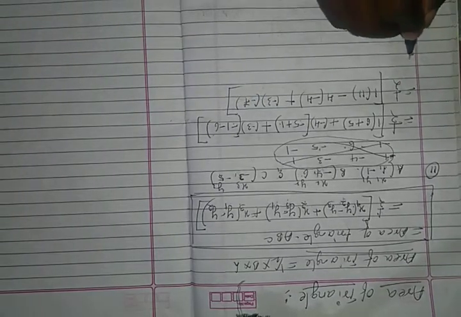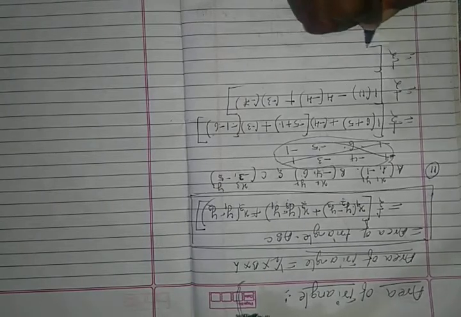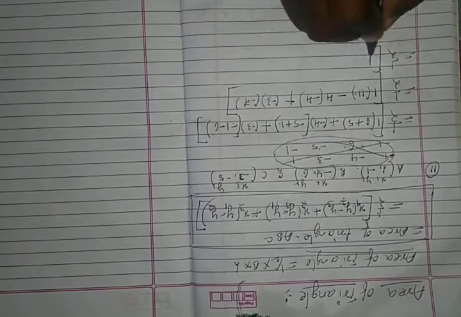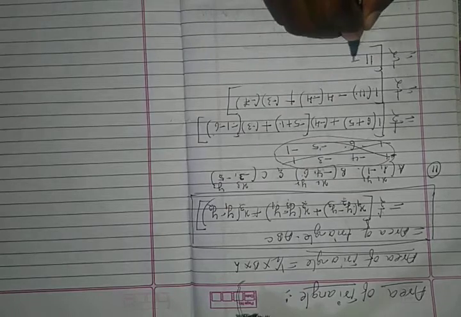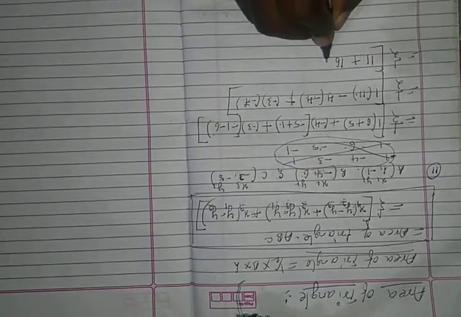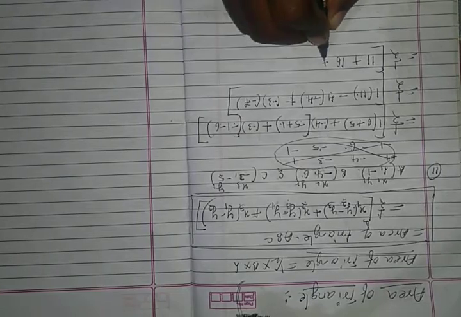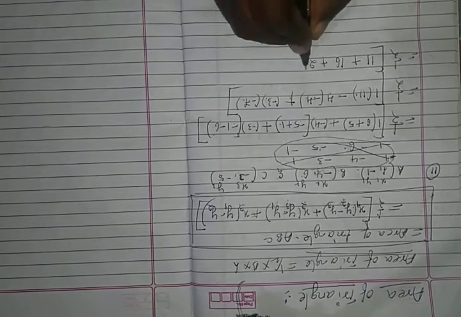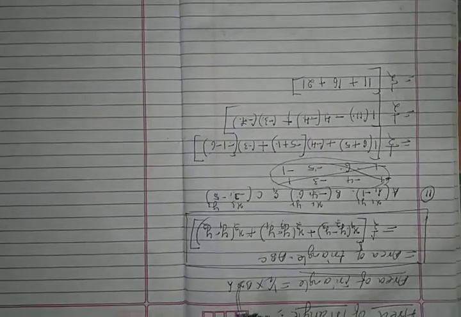So it is equal to half into 1 into 11 is 11, minus into minus is plus, 4 into 4 is 16, plus minus into minus is plus, 3 into 7 is 21.